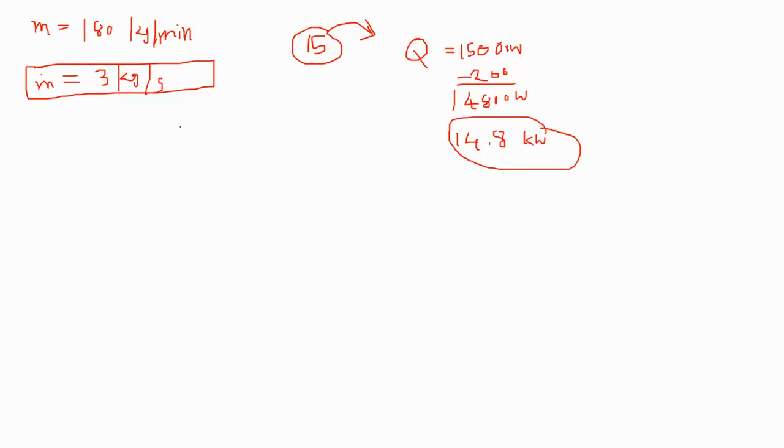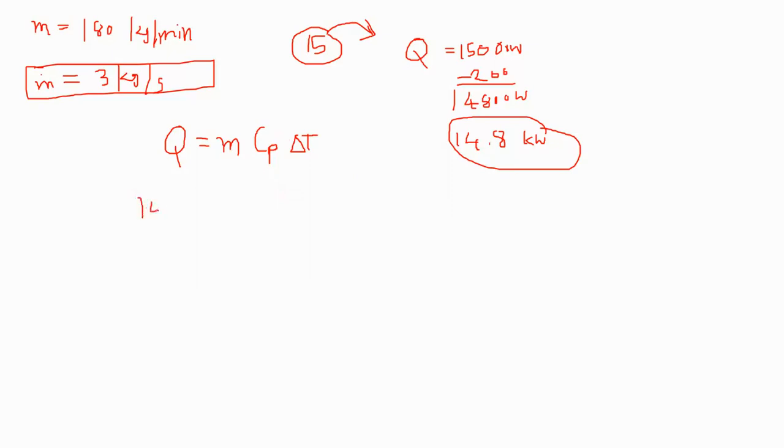Now we have the amount of heat supplied, we have mass flow rate 3 kg per second, and we know the specific heat at constant pressure for air is 1.005 kilojoule per kg Kelvin, and delta T, the temperature difference, we have to find.